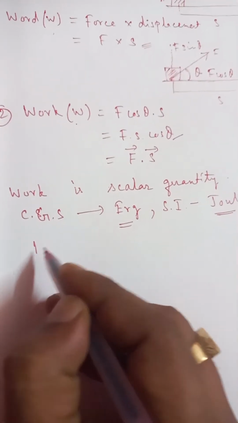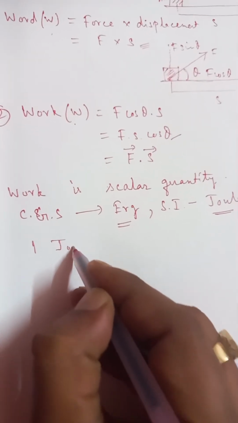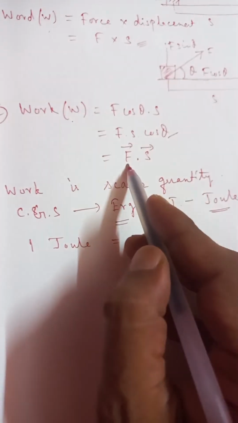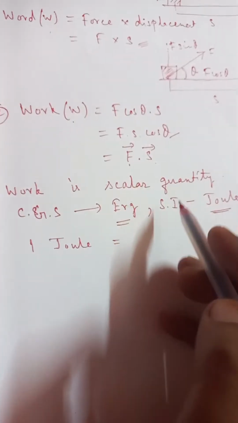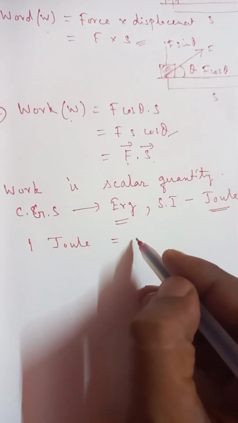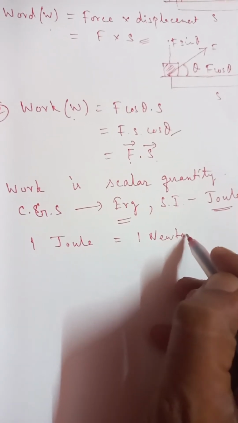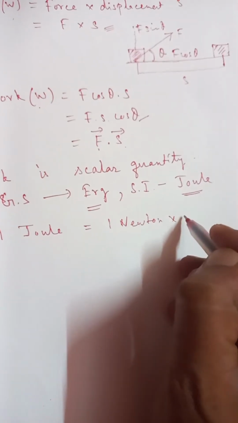So here we take 1 joule is equal to 1 Newton multiplied by 1 meter.